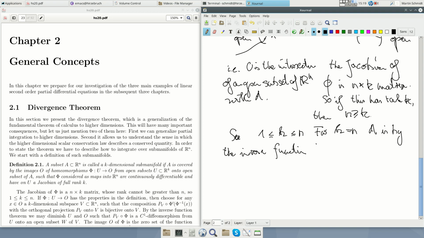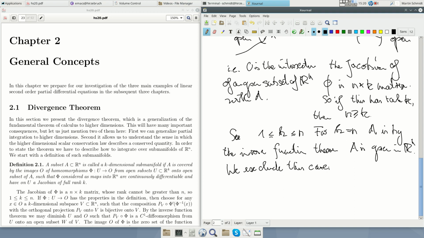So A is open in Rn. So then we can use usual Lebesgue measure. We exclude this case. This is not interesting.